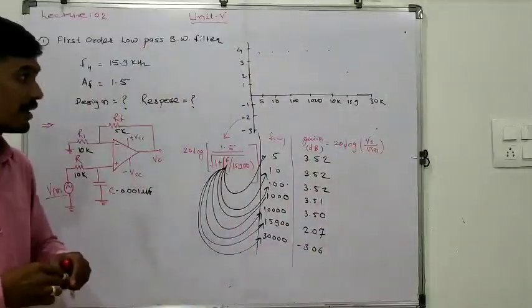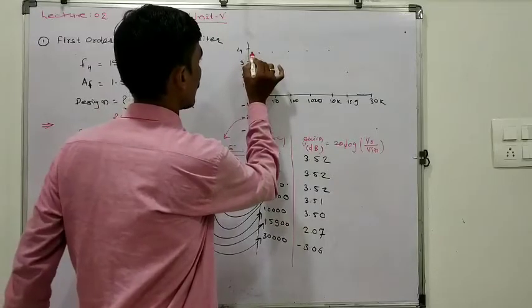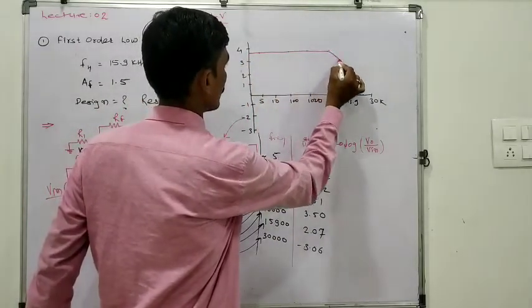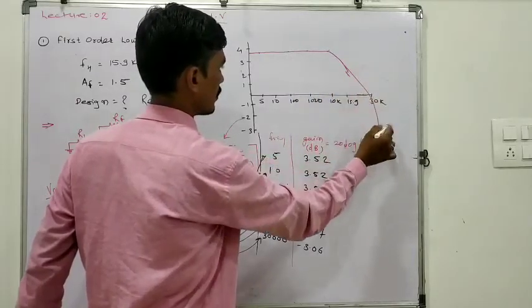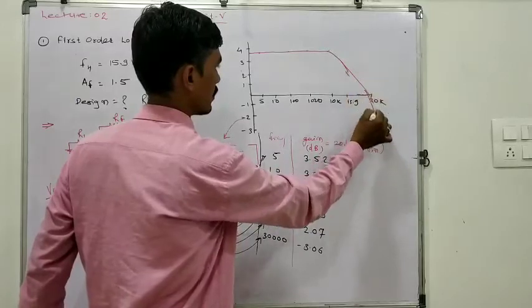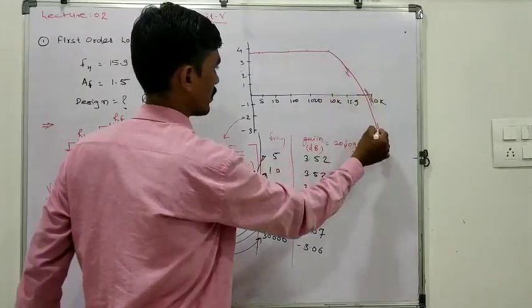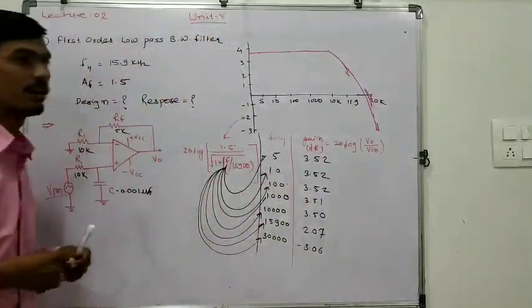If we join these points, we are getting the curve like this.